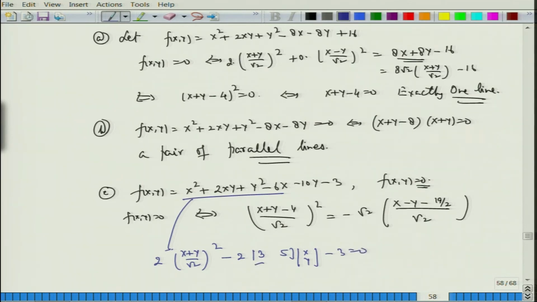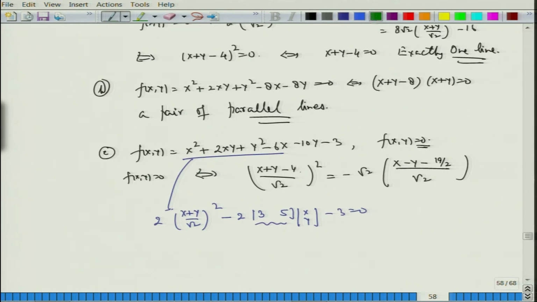So I should be able to write this in terms of first x plus y and this, that is the first thing. The second thing I need to do is that I should be able to get them as x plus y here, x minus y here, all right. So what I am trying to say here is that because of the linear forms, I am able to get x plus y and x minus y. See, the linear forms here were x plus y upon root 2 and x minus y upon root 2, all right. So these were the linear forms.